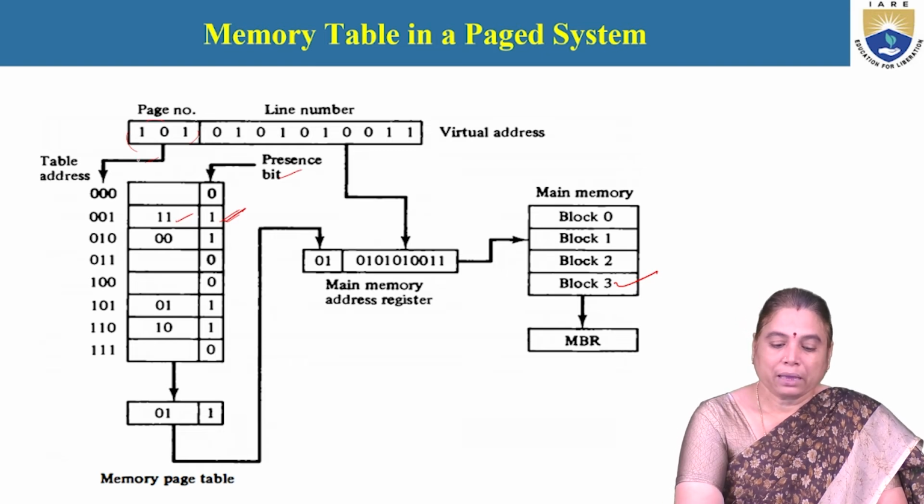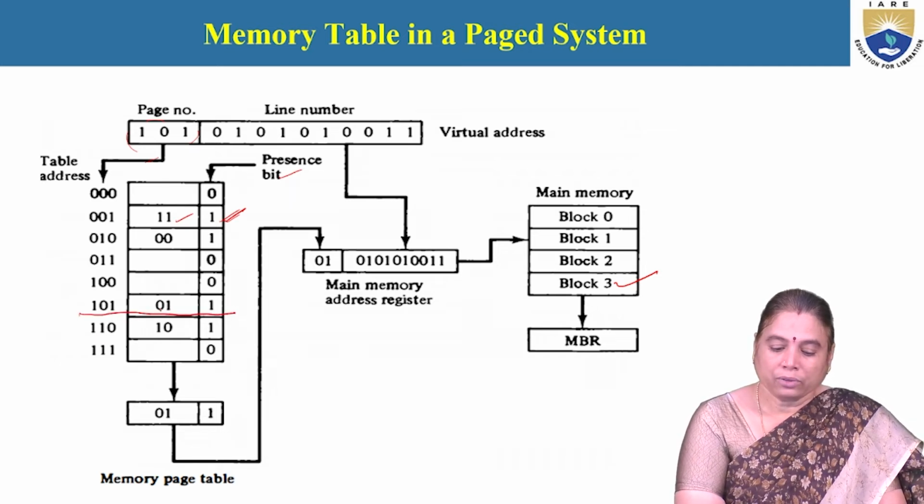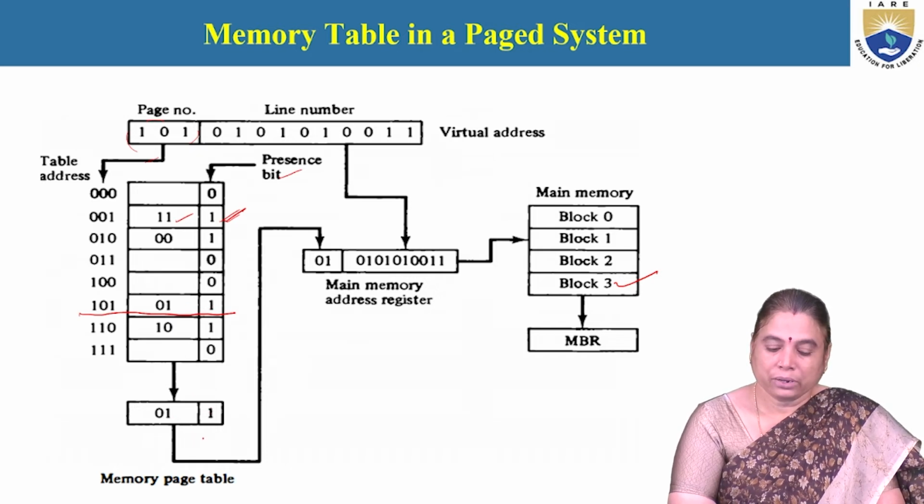So, the page number can be used as an index to search in the virtual memory table. So, 101. Here 101 is this location. Here the block 01 is loaded in the memory. The presence bit can be copied to the buffer register.